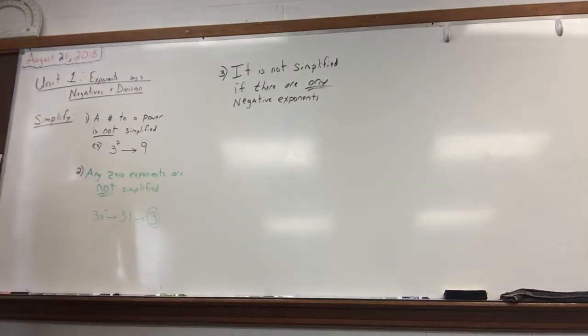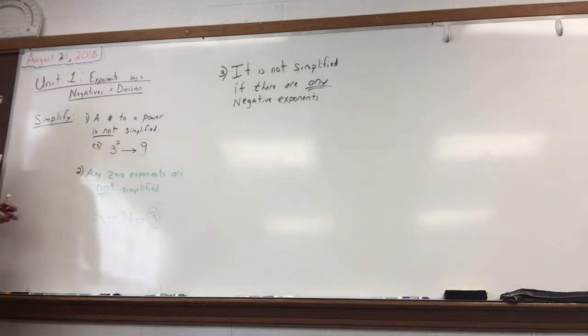If I ask you to simplify and there is a negative exponent in your answer, you are not done. Okay? So far we've only seen positive exponents, 2. Well, today we're going to see negative 2. And that's going to cause us to have to do something else. 3 to the negative 2 is not simplified. X to the negative 2 is not simplified.